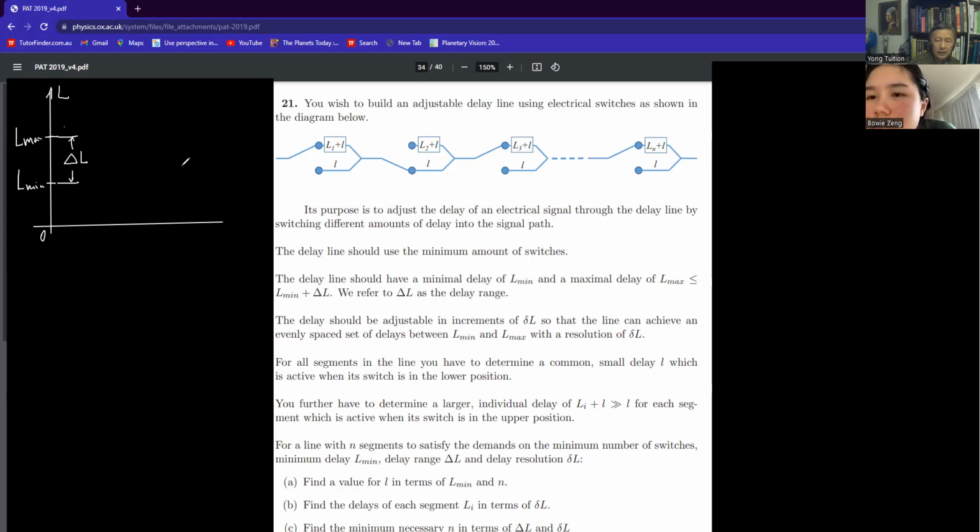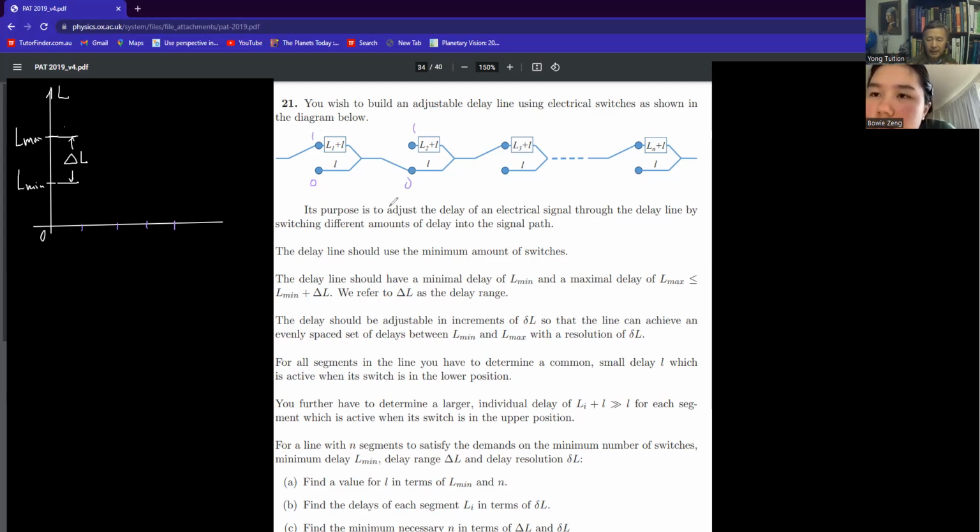Each time you use a different configuration of switches, there are two modes here, 0 and 1.